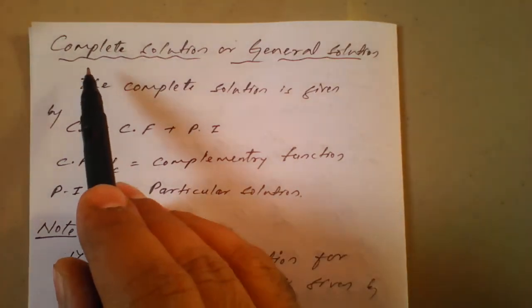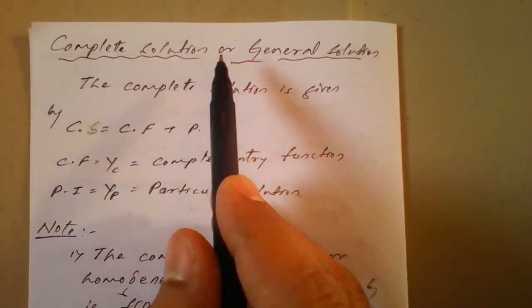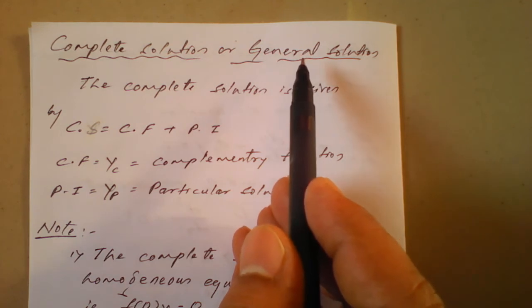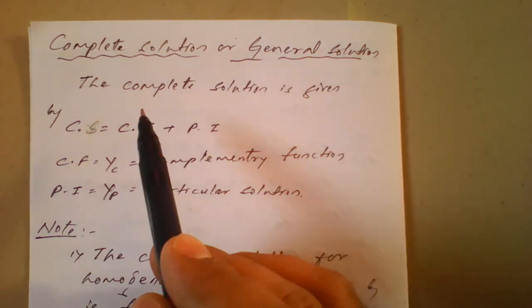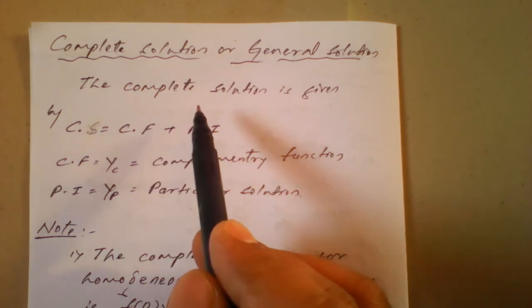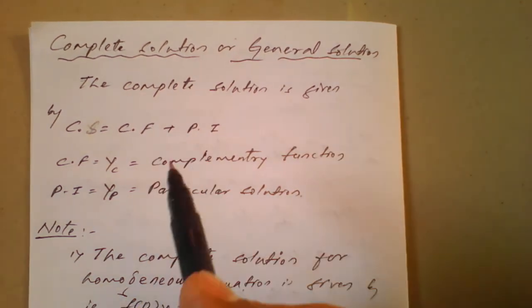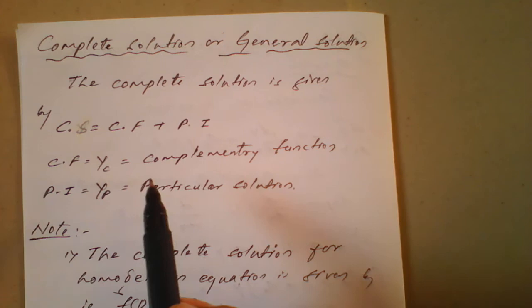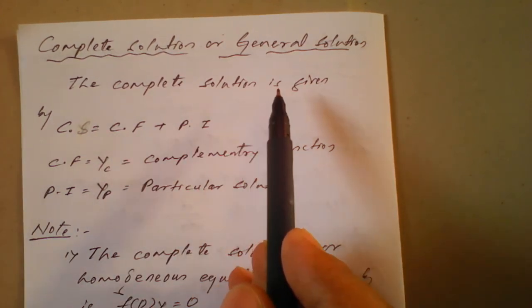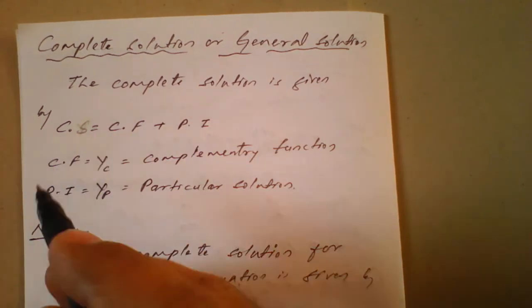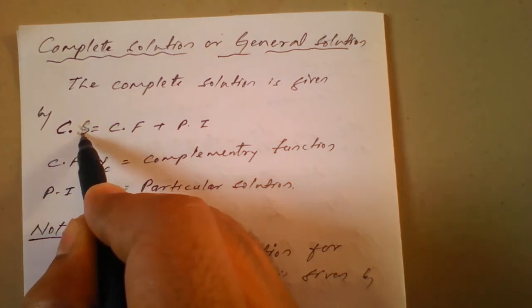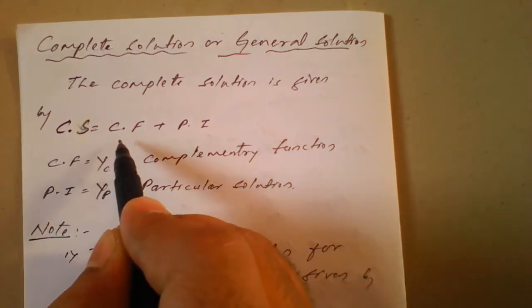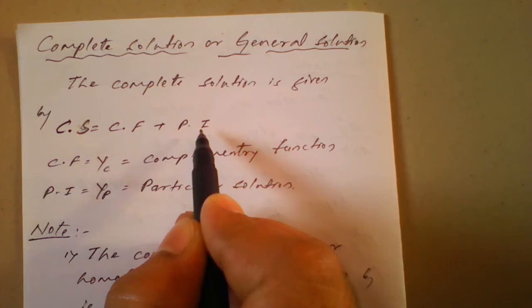Now we'll see how to write the complete solution or general solution, for both homogeneous as well as non-homogeneous equations. The complete solution, in short CS, is equal to CF plus PI.